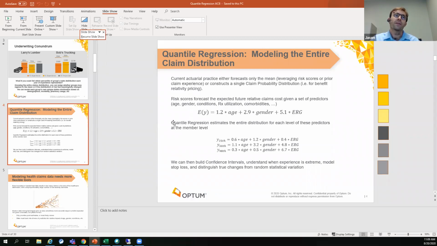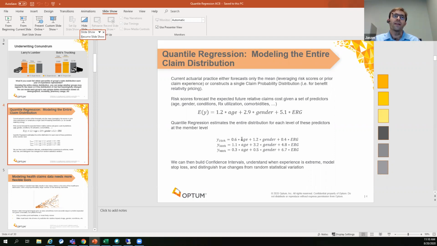So what's different about quantile regression is that it's modeling this entire distribution. Instead of just estimating the expected value, we're estimating all the percentiles of that projected future claim distribution as a function of these same covariates that we previously only predicted the expected value as a function of.